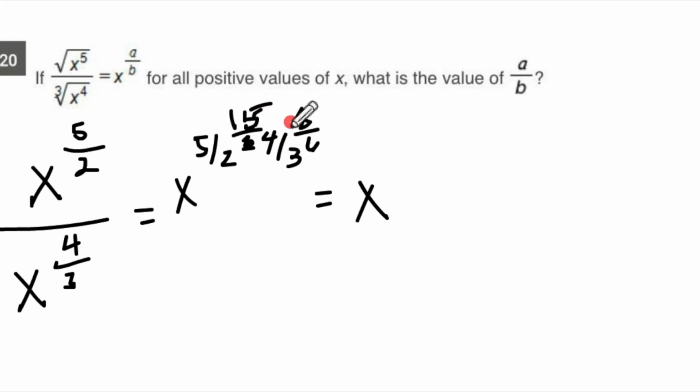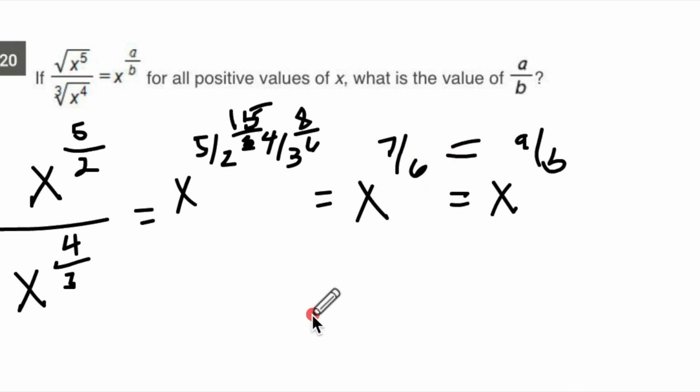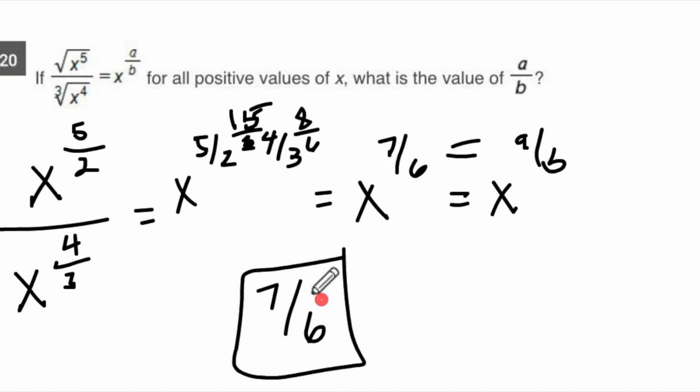It's going to be 8. So if we subtract 15 minus 8, we're going to get 7 sixths, and it equals x to the a over b. So a over b has to be equal to 7 sixths. So your answer is 7 over 6. So that does it for section 3 of the test in May 2019.